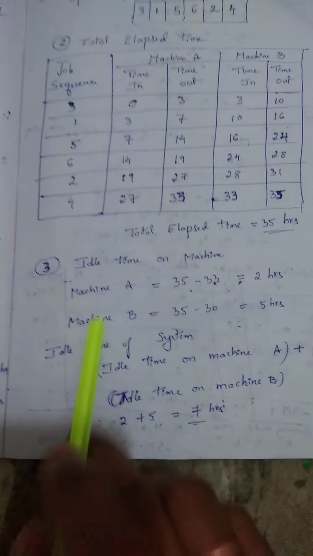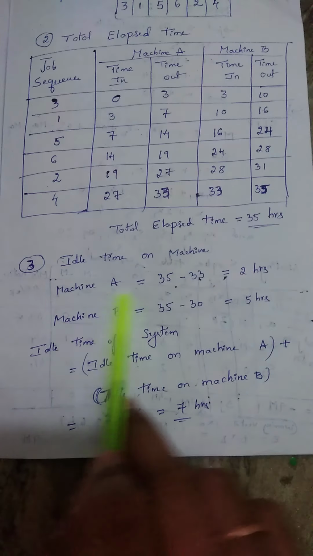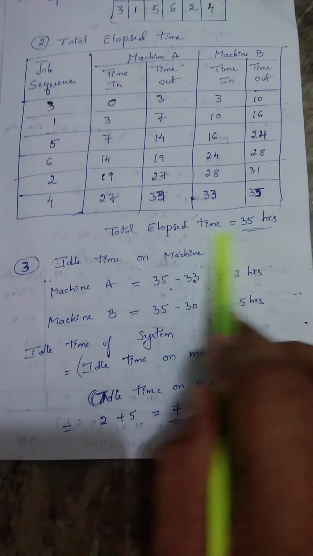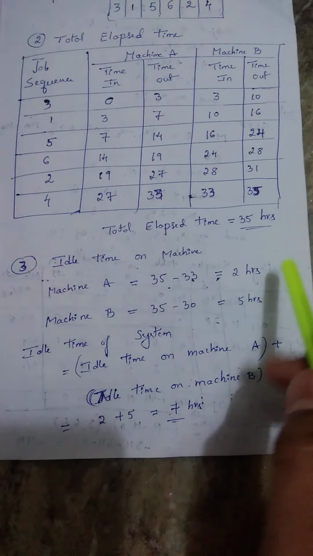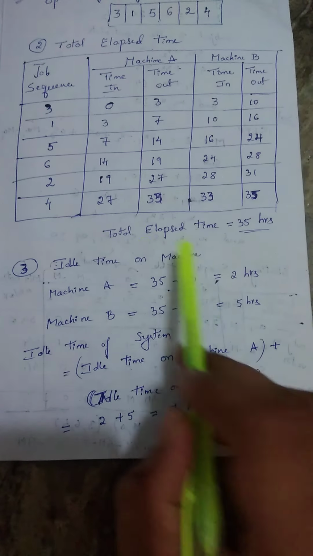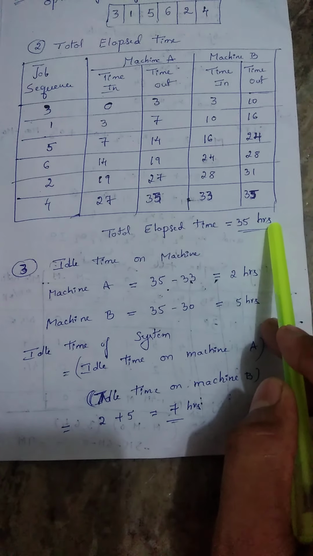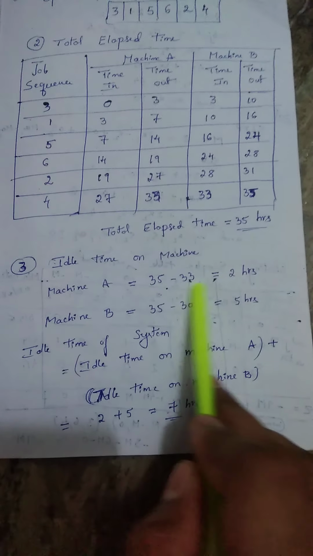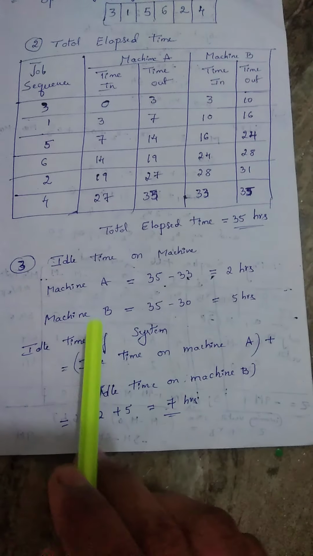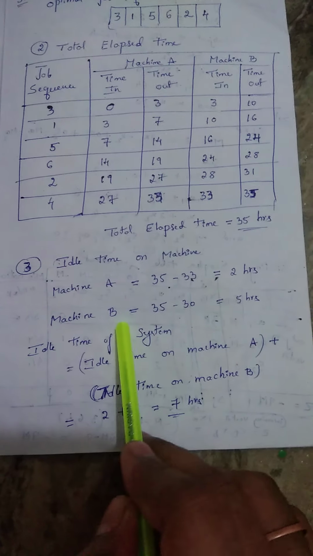Therefore we are calculating the idle time on each machine. Machine A, we have the total elapsed time. We are subtracting the working hours of machine A from the total elapsed time. 35 minus 33 getting 2 hours of idle time. In the same way machine B also.